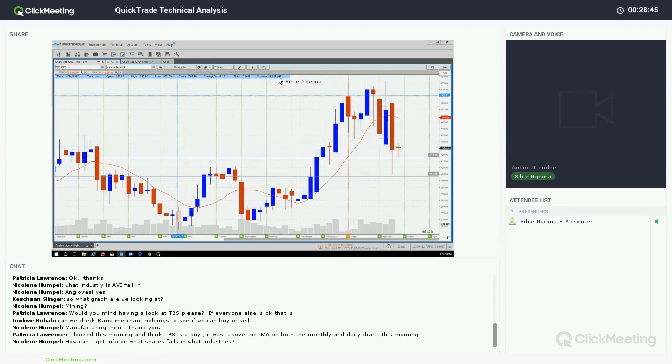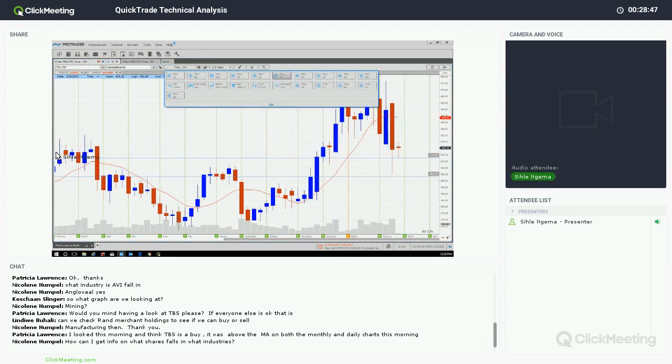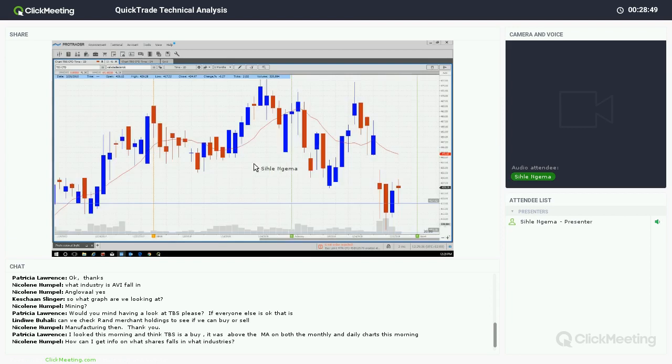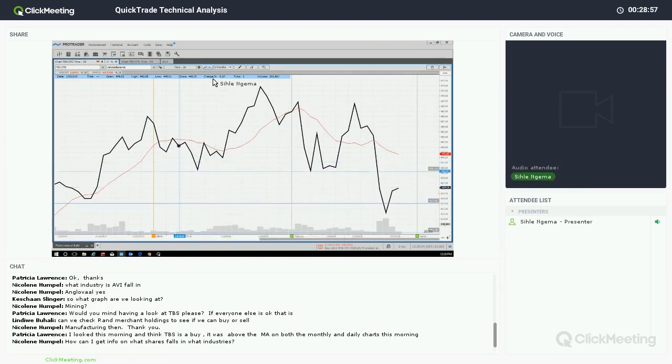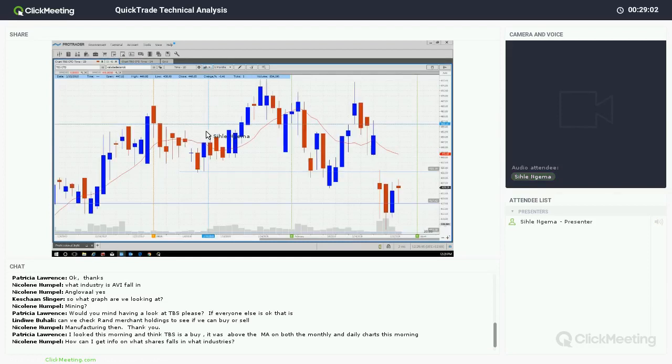It's very confusing to me. It's possible that we may still come down on this one. Let me see if there isn't any resistance nearby. The resistance that we have is around 433.